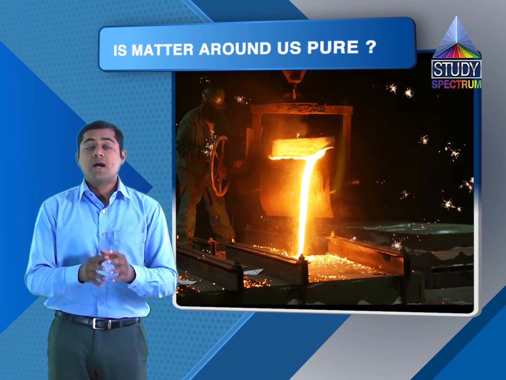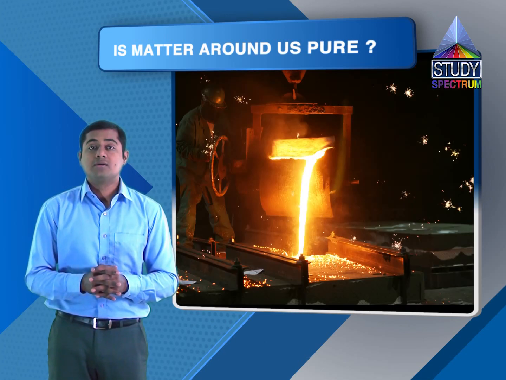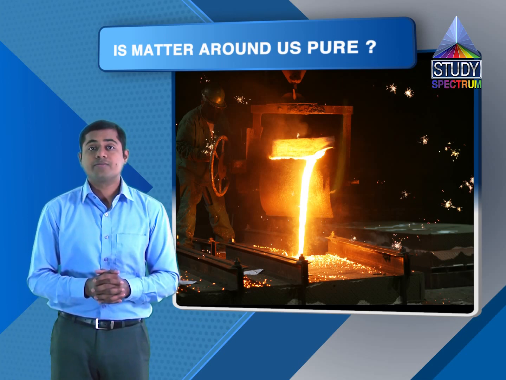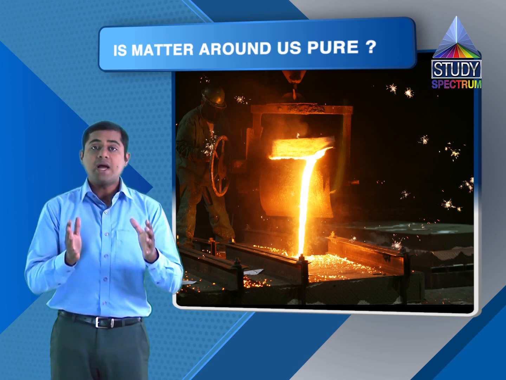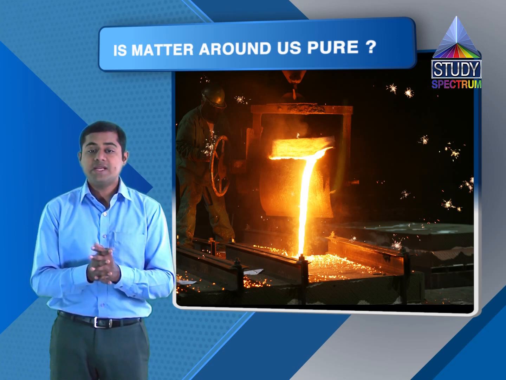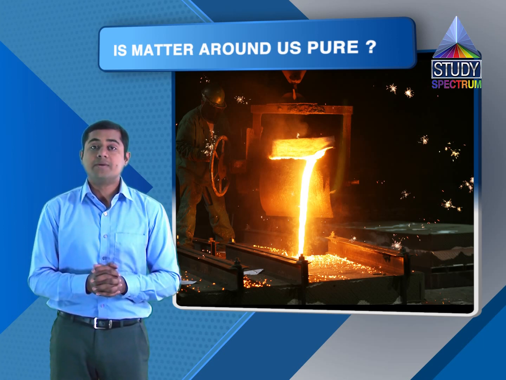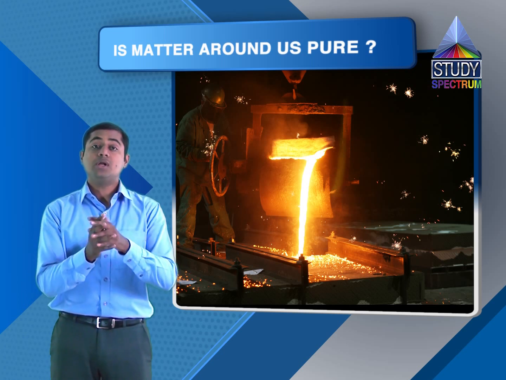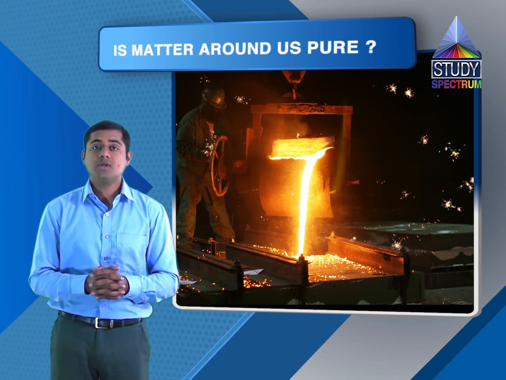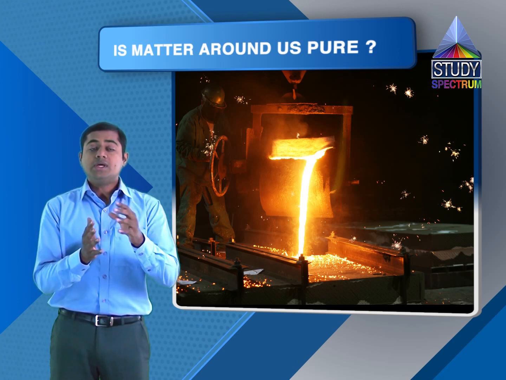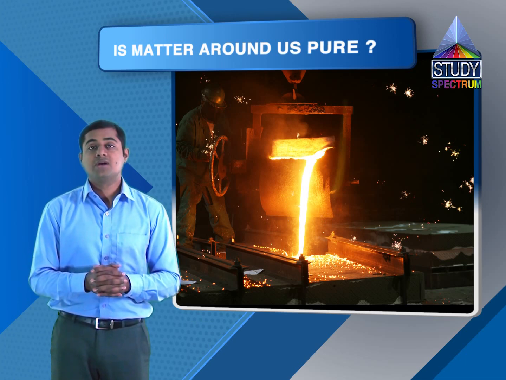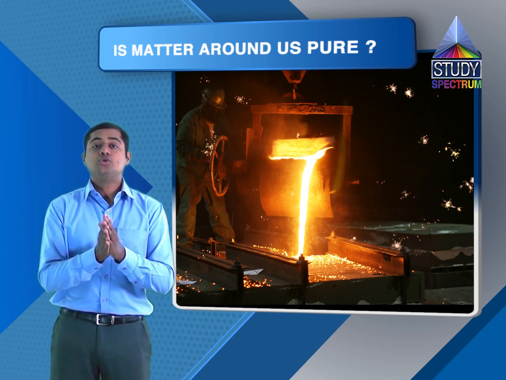Also, pure iron is separated from its ore. When iron ore is melted in an iron furnace, a slag is prepared which is lighter than the molten iron layer. So these two liquids become two immiscible liquids, and automatically we get two layers.